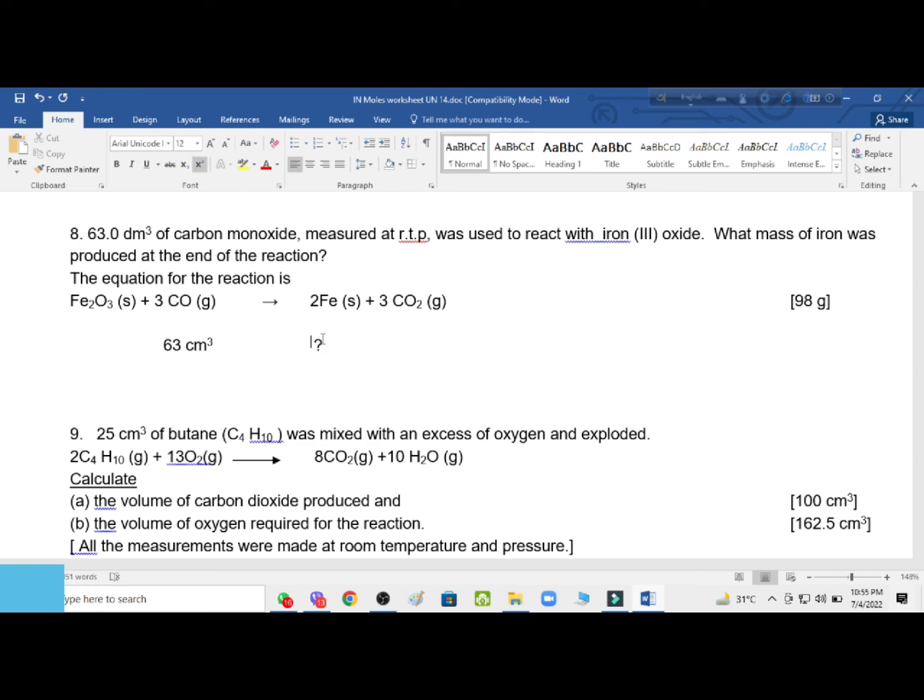And in order to calculate mass, you need to have mole, right? How to get this? First, start the calculation with carbon monoxide. There you have 63 cm cube. And if I divide this with 24,000 cm cube, what would you get?